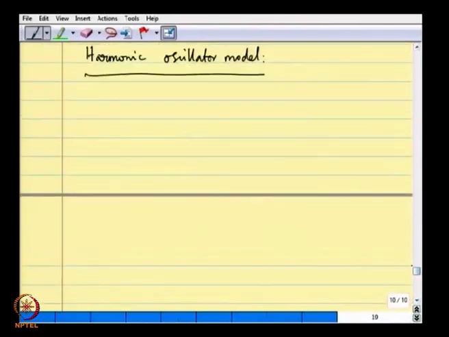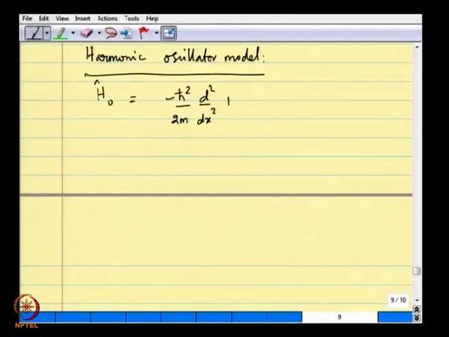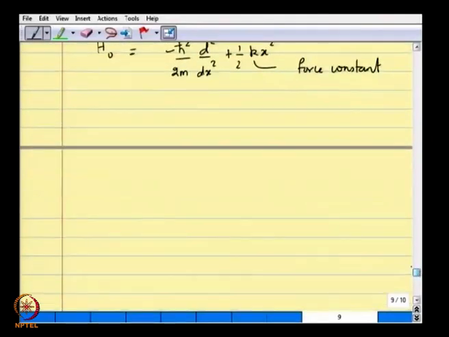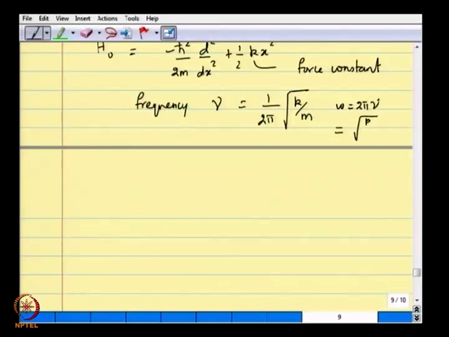I will write the results, because we need the 0 order Hamiltonian, which is minus h bar square by 2m, the mass of the oscillator, d square by dx square plus half k x square, the force constant of the oscillator.